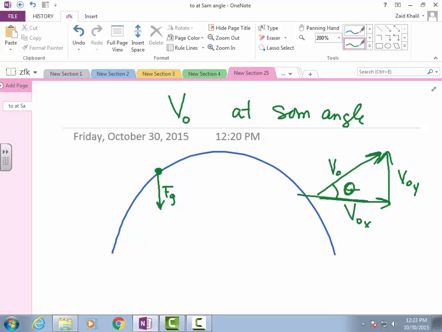But you wouldn't have understood why the acceleration in the x direction is 0. That's why I did forces before projectile motion. And so now, why is the acceleration in the x direction 0? There is no net force in the x direction. Force gravity is only acting in the y direction.